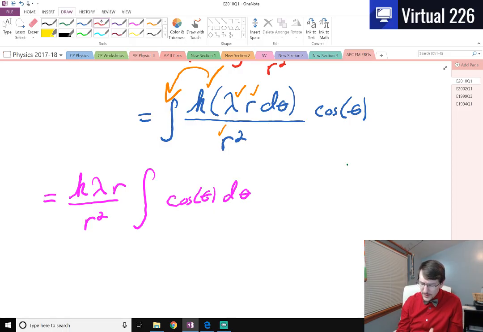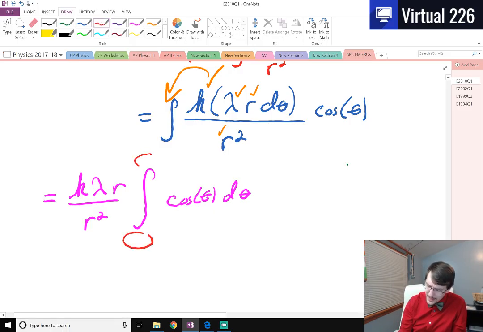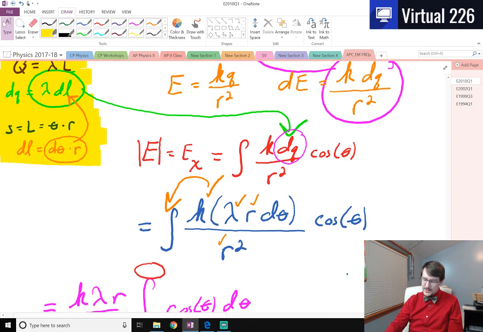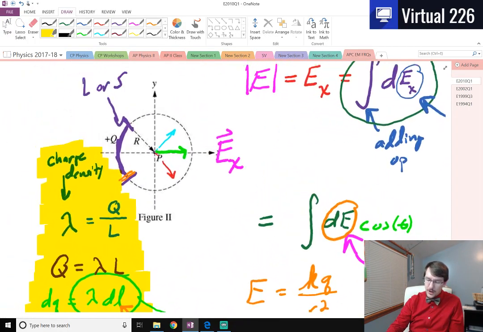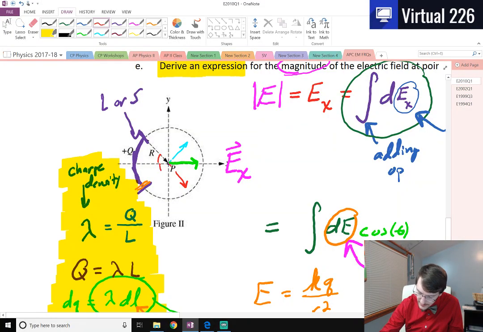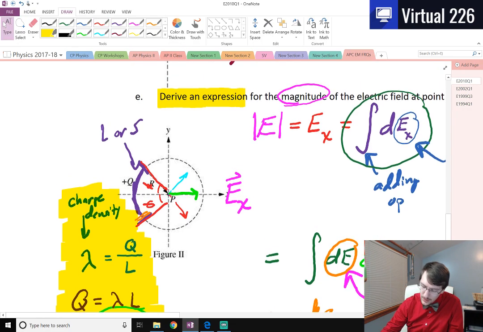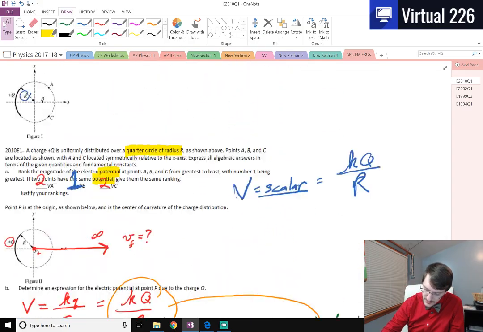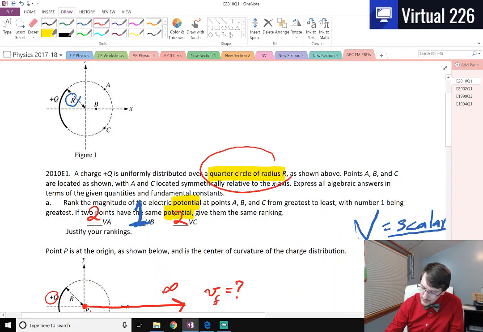Now, one of the things we need to recognize is that we need boundary conditions on our integral. We're integrating along this arc, the theta. What are these angles? Well, if we go all the way back up to the beginning of this problem, it said it was a quarter circle of radius r. There are a lot of ways to write the quarter circle, but we've gone up pi over 4, and then we've gone down pi over 4.